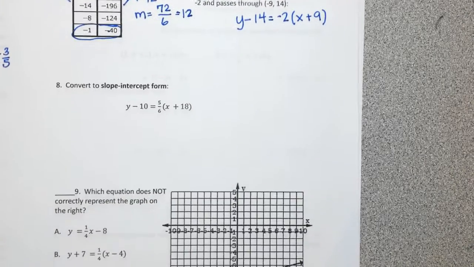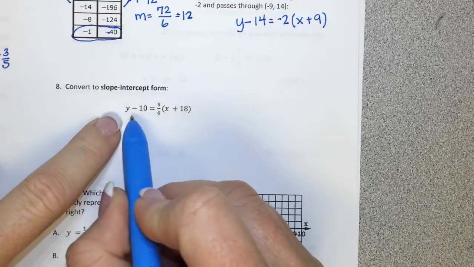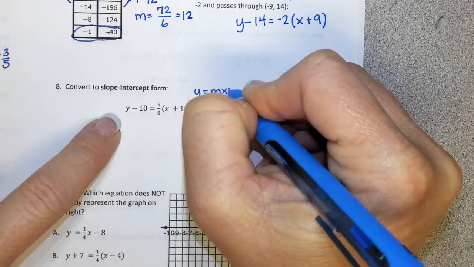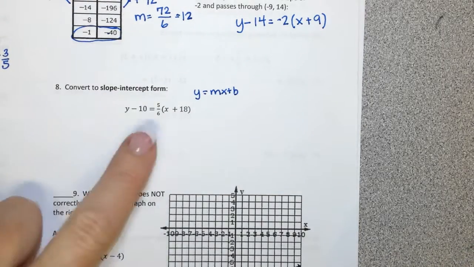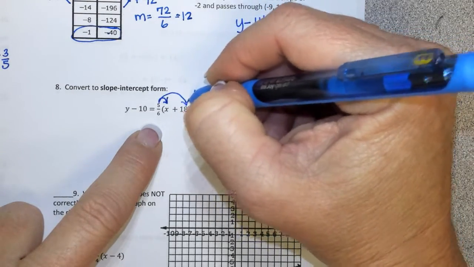Okay, number 8, we need to convert to slope-intercept form. So that means I'm taking the point slope form and I want to put it in the form of y equals mx plus b. So I'm getting y by itself. So remember, this requires me to do 2 steps. The first thing I need to do is get rid of the parentheses. So I'm going to distribute this 5 over 6 to everything inside the parentheses.